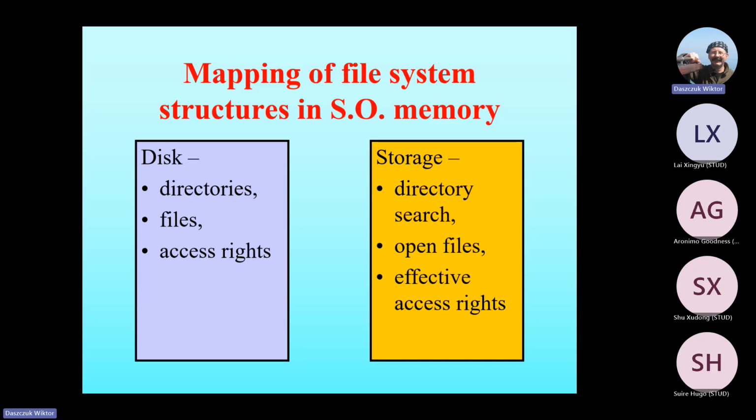So on the disk, we have directories, files, and access rights that are static. Oh, we can change them, but at a given time, they are static. In the operating system, we have procedures for searching the directory, for opening files, for acquiring effective access rights.